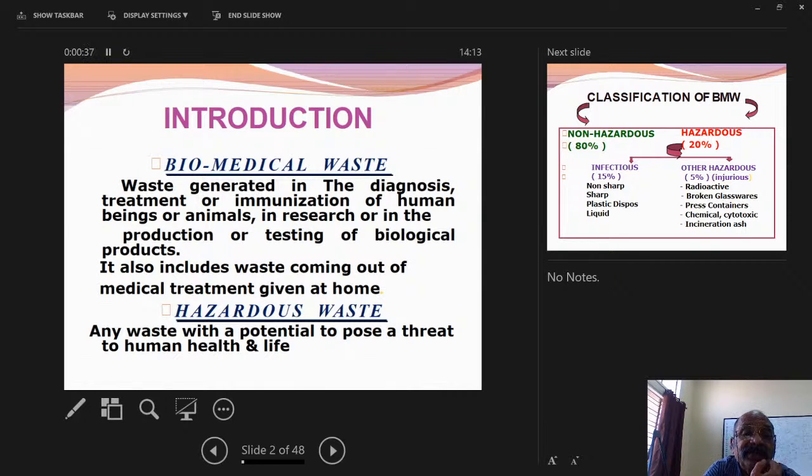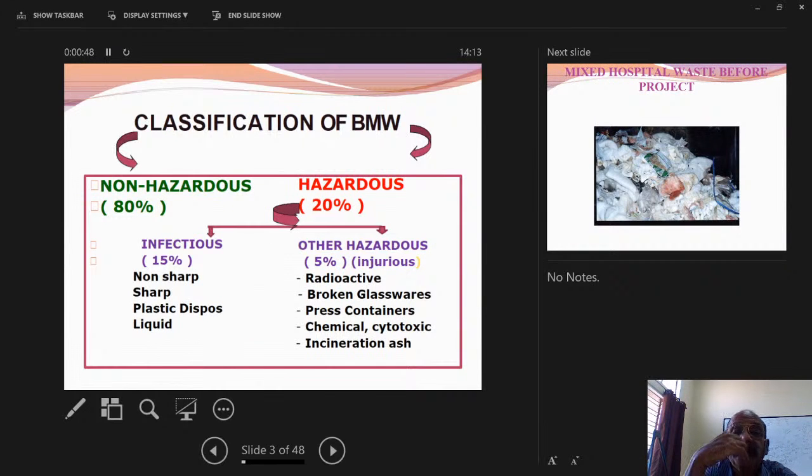Hazardous waste is any waste with a potential to pose a threat to human health and life. Classification of biomedical waste: 80% of the biomedical waste is non-hazardous, and hazardous waste is 20%.